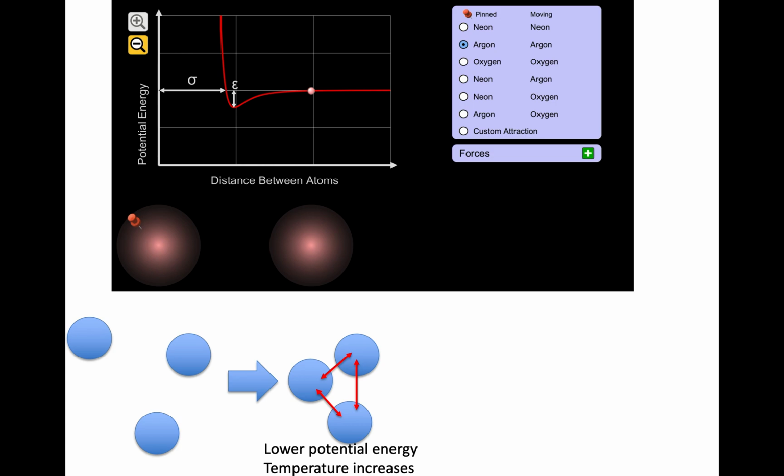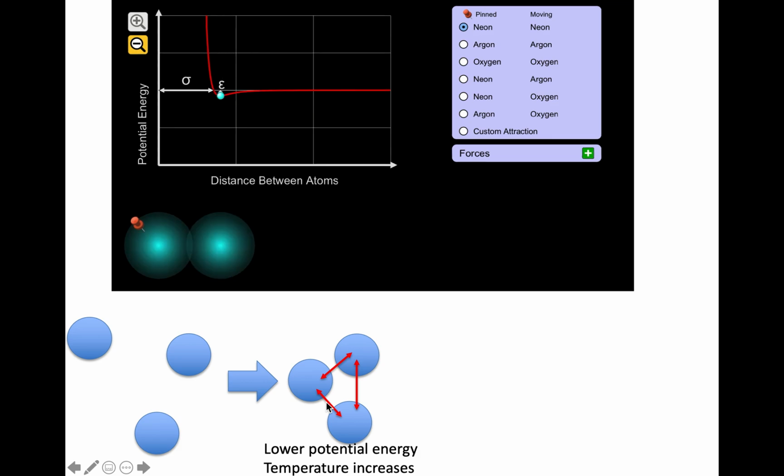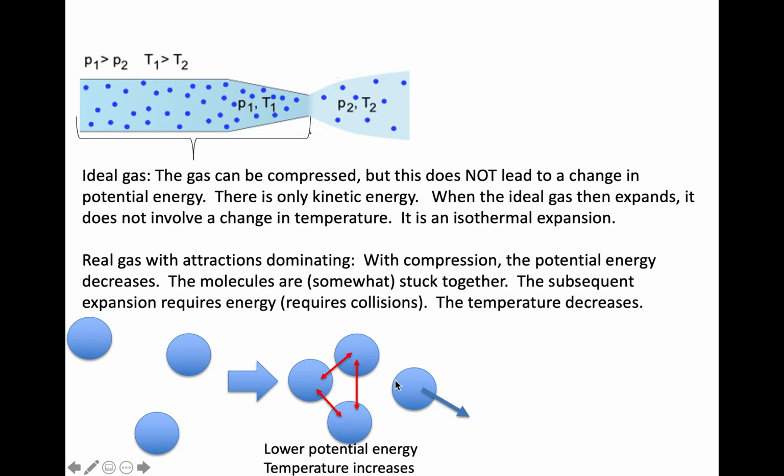Because if the potential energy goes down and there is no increase in the kinetic energy, I'm not conserving the overall energy. So with this idea of a lowering of the potential energy and the temperature increasing, something else must be going on. In that process, if I have the particles coming together, and let's say they collide with another particle, that subsequent particle can remove, in the form of kinetic energy, some of the energy that we have there.